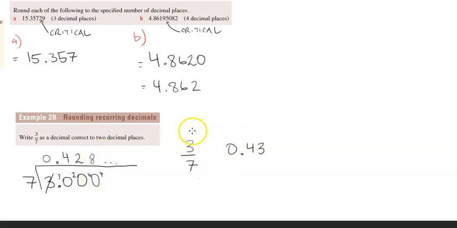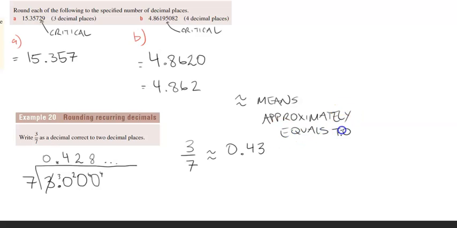Now, I haven't put an equal sign here. I'm putting an approximation sign. This little squiggly here just means approximately equals to. And the reason why I put this here is 3/7 isn't exactly 0.43.